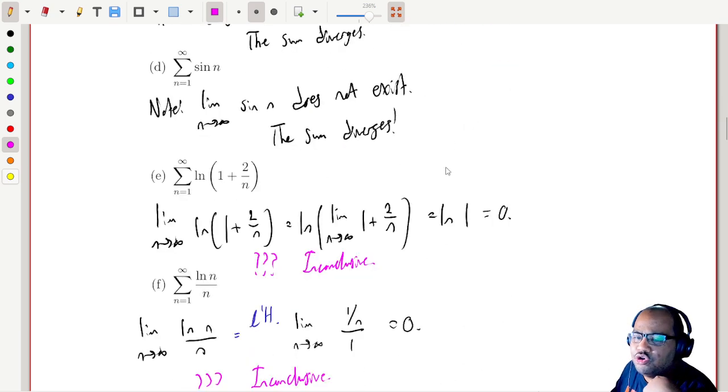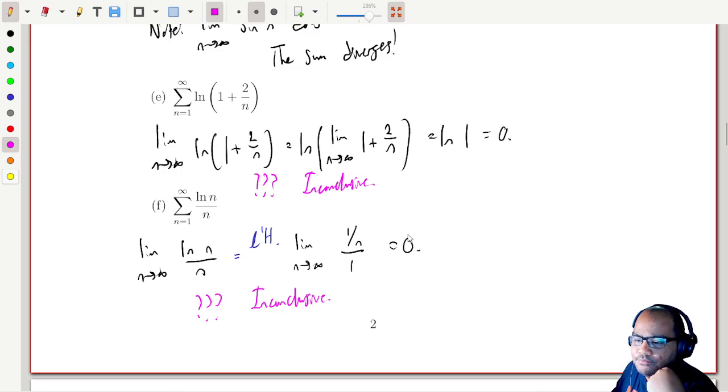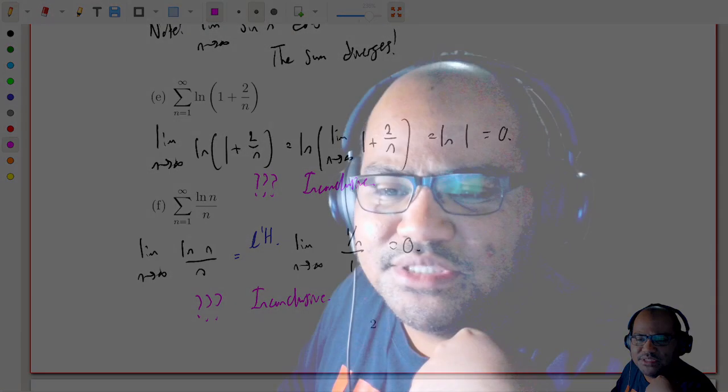So this was just an exploration of how to use this divergence test, this nth term test. It's a gut feeling. It's probably one of the easiest to do. If you have a gut feeling that your terms will blow up, or the limit does not exist for your terms, then you can say that the sum diverges. Think about it: for it to converge, we want a limit of those partial sums. Eventually you want those numbers to be small enough quickly enough.